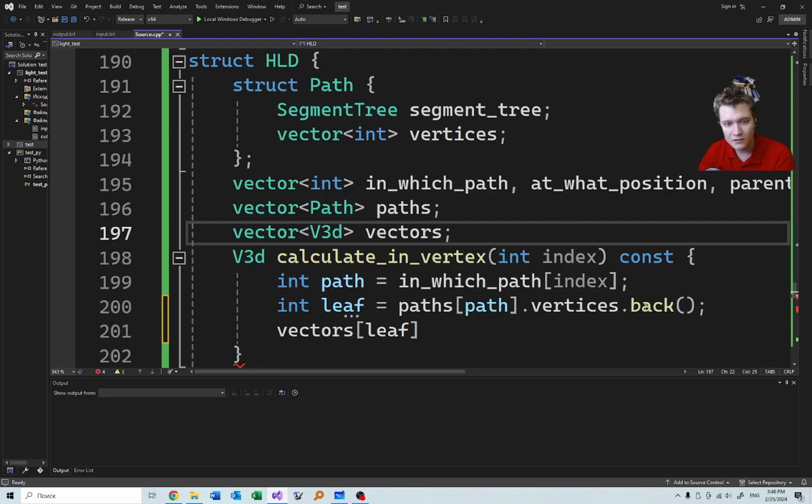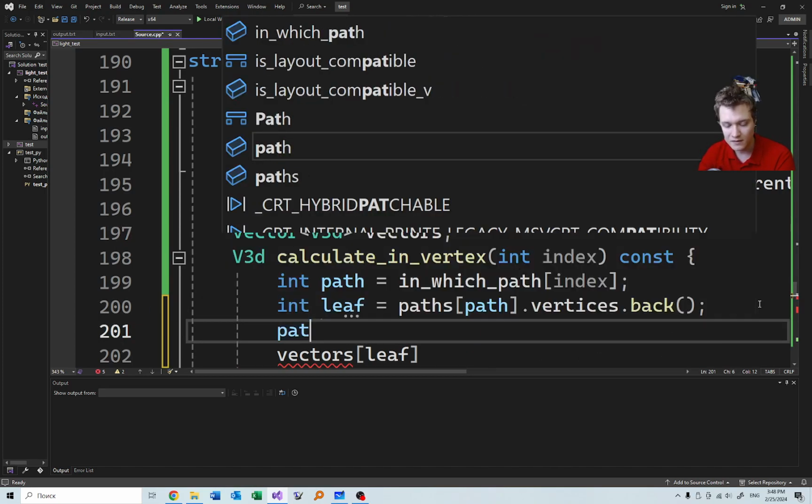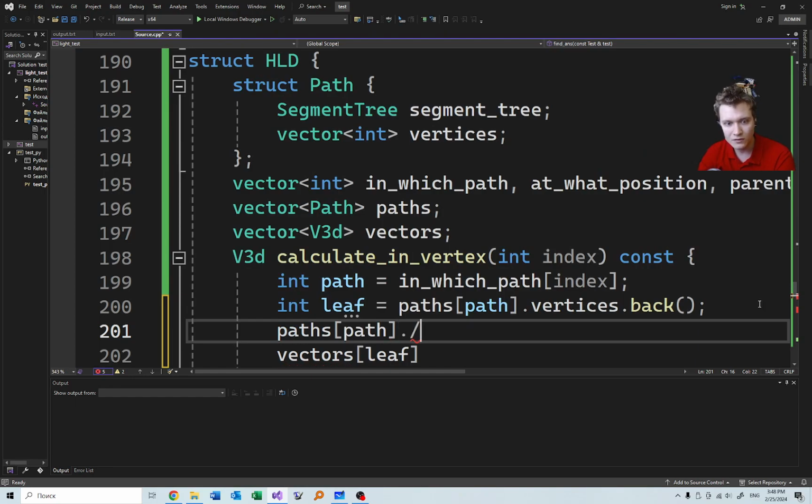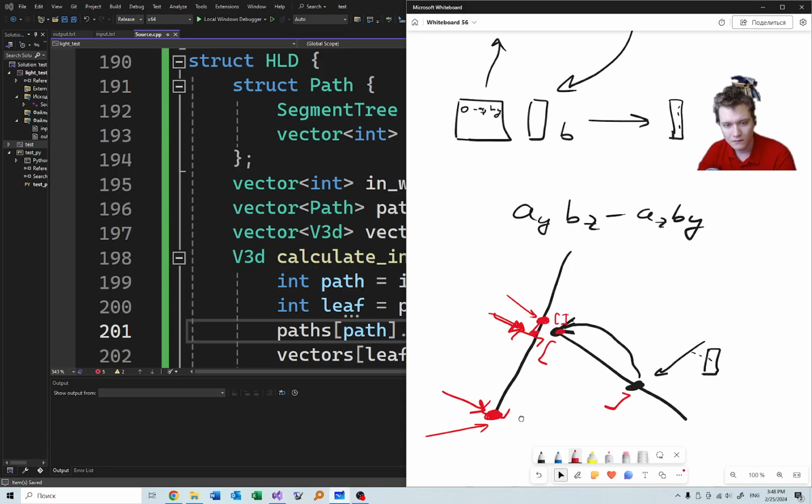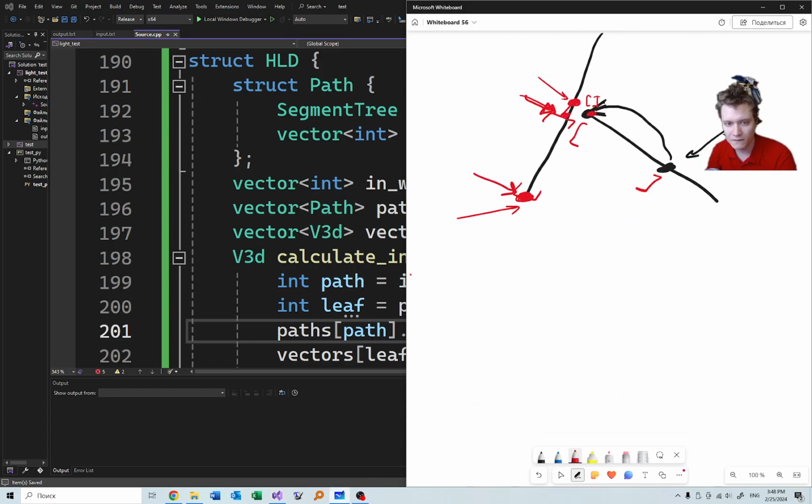This is easy. We need to take path dot segment tree and find the product of what? So let's think. For example, we have a path 0, 1, 2, and 3, and we need to calculate something in this vertex.